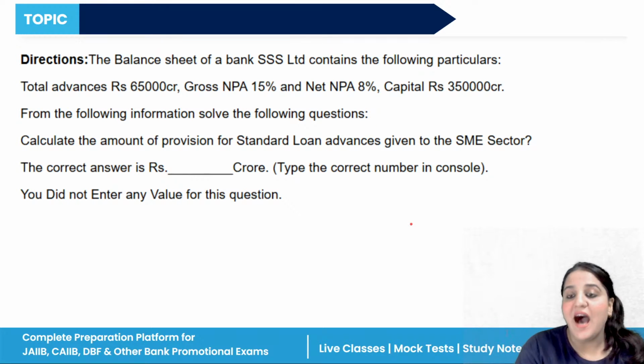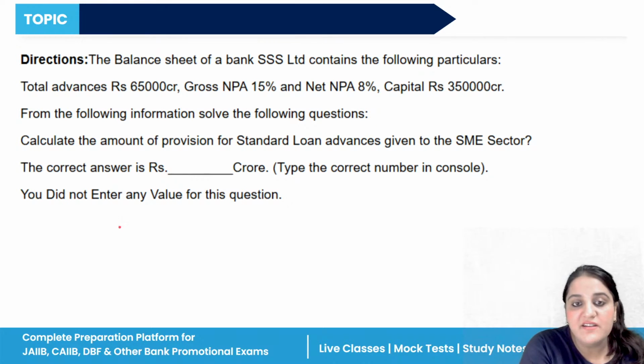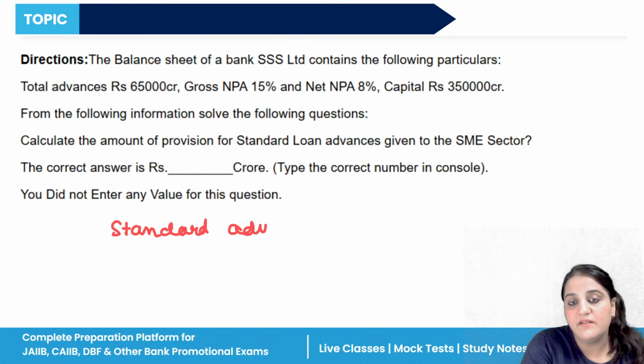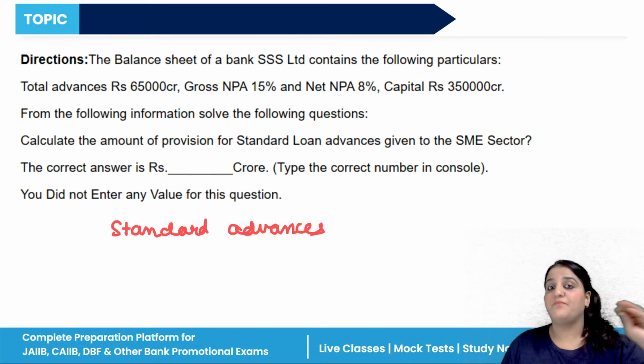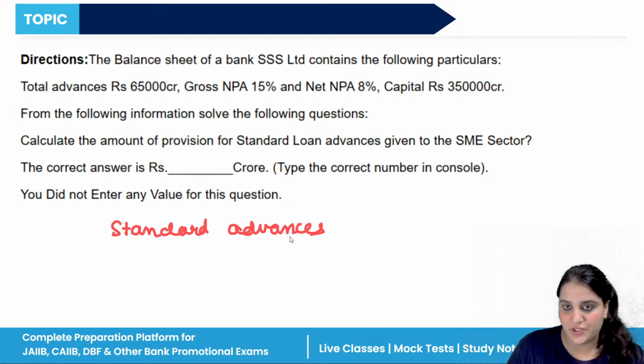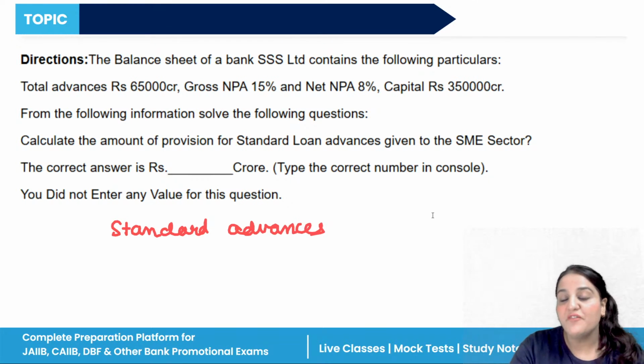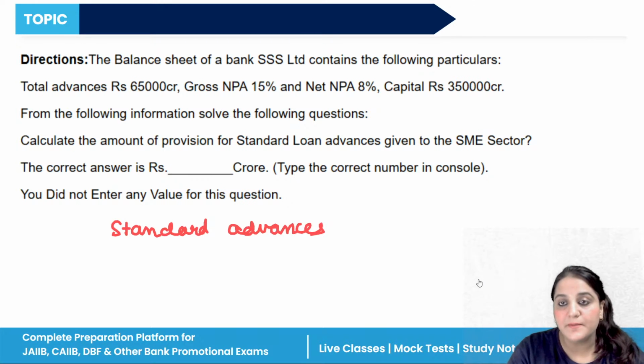As per RBI norms, standard advances to sectors like the SME sector require 0.025% provision.